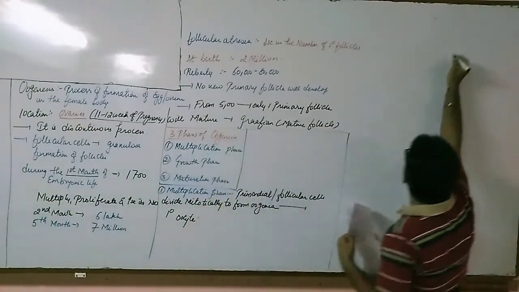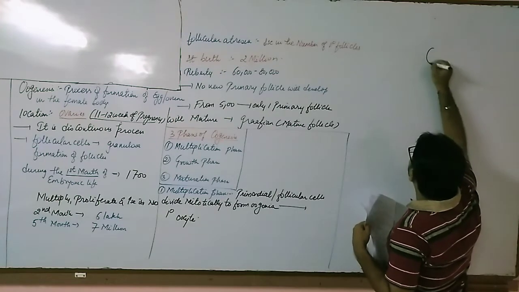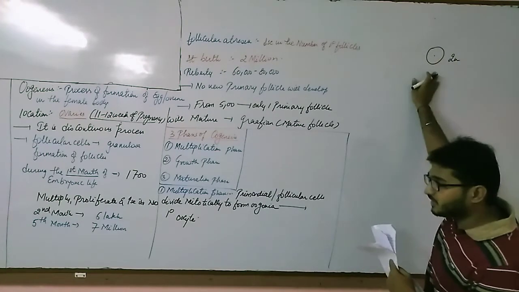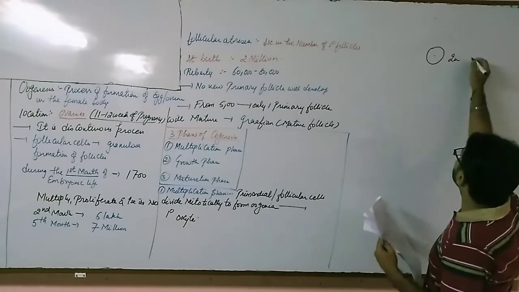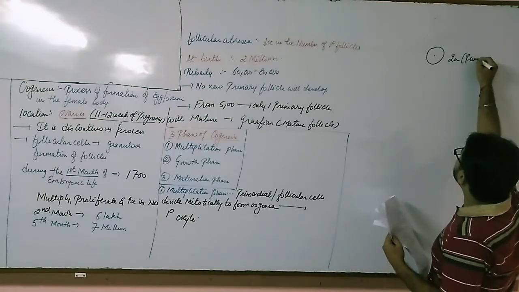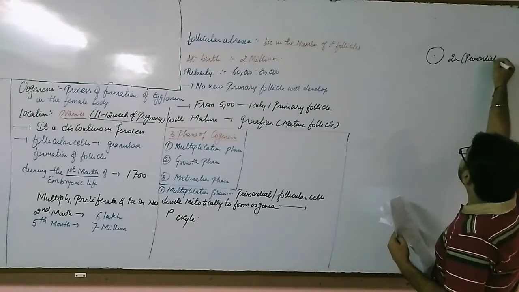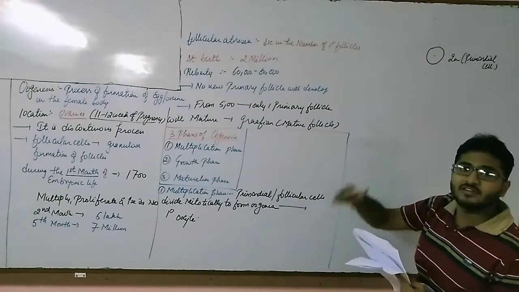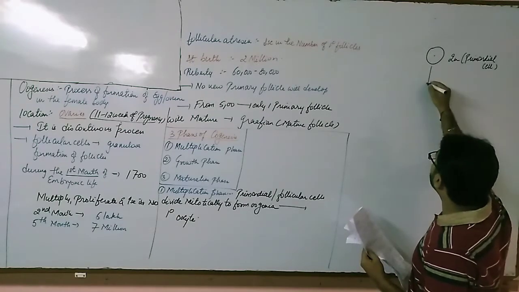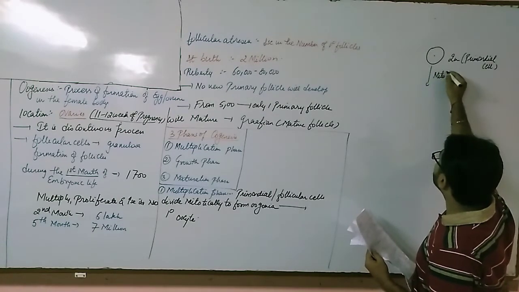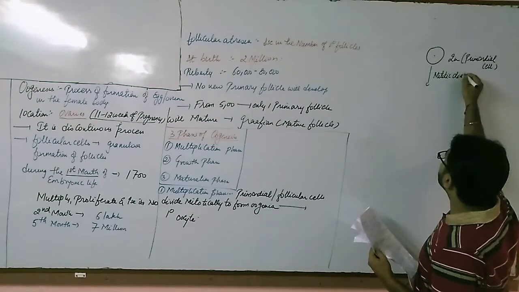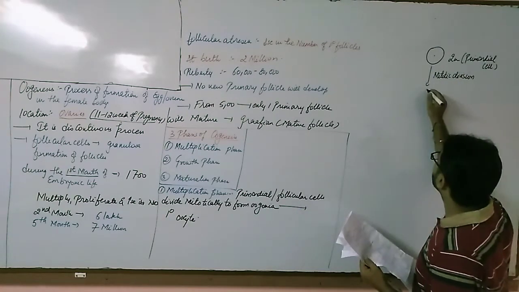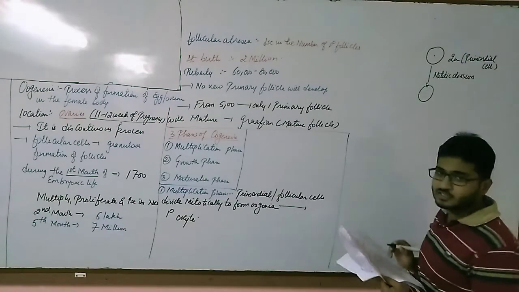So what happens? Let us say this is the primordial cell, that is the germinal epithelial cell or follicular cell. The primordial cell's ploidy number is 2n, it divides rapidly, undergoing mitotic division to form something that we call oogonia. Let us say these are the oogonia which are developed.